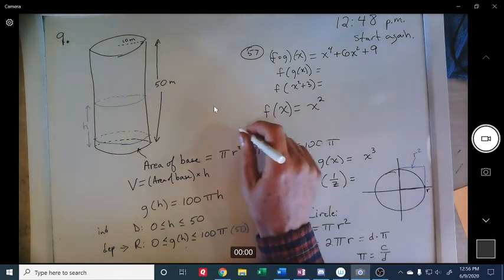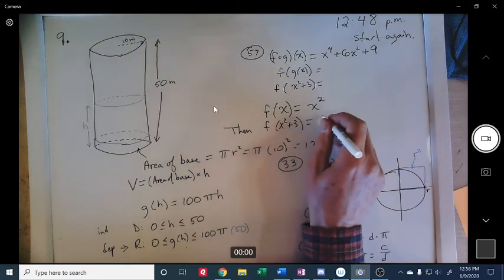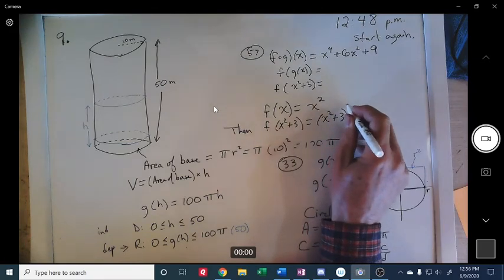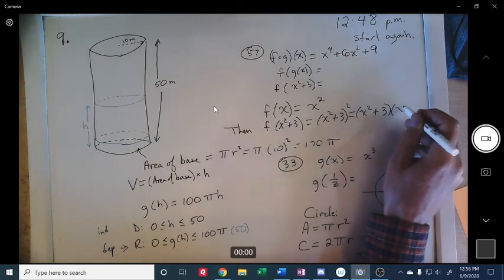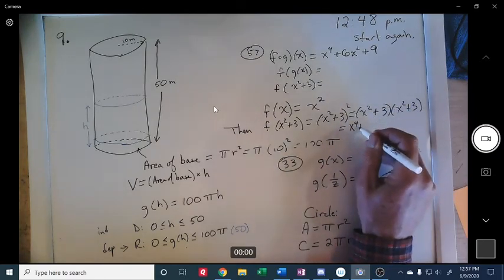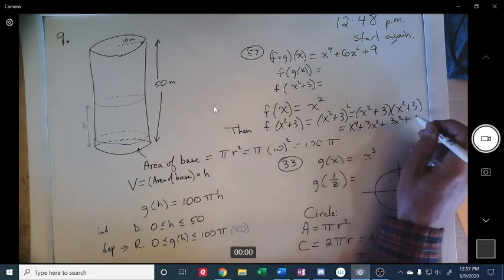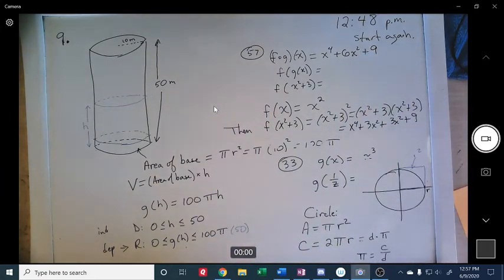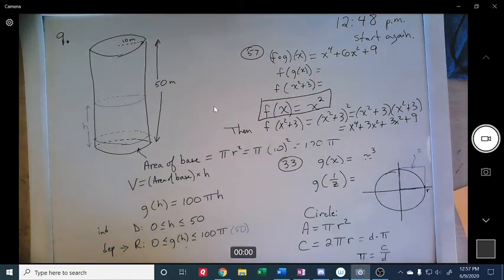If that's the case, then f of x squared plus 3 would be x squared plus 3 squared, x squared plus 3 times x squared plus 3. When you FOIL this out, you get x to the 4th plus 3x squared plus another 3x squared plus 9. Well, that turned out to be exactly what we wanted up there. So what we found out was that's the outer function, just squaring it.